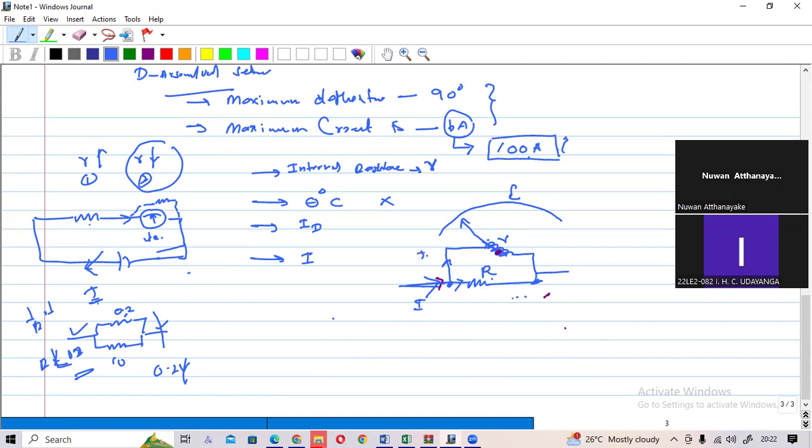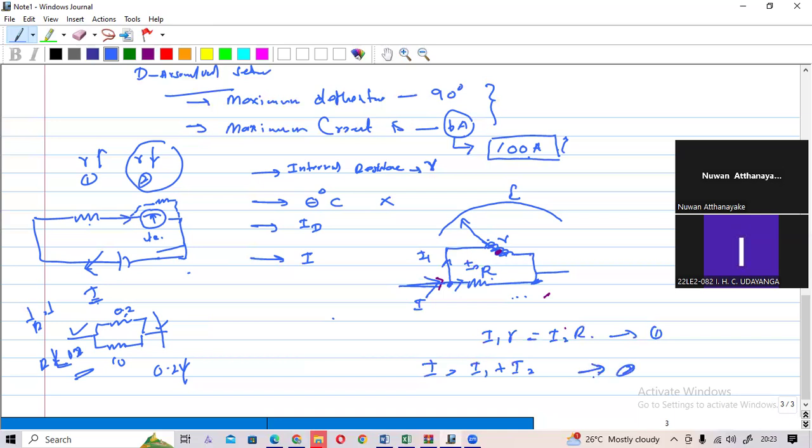So this may be I1 and this may be I2. The voltage across this resistor is I1R and the voltage across this resistor is I2R. And I is equal to I1 plus I2. So you can get this relation.